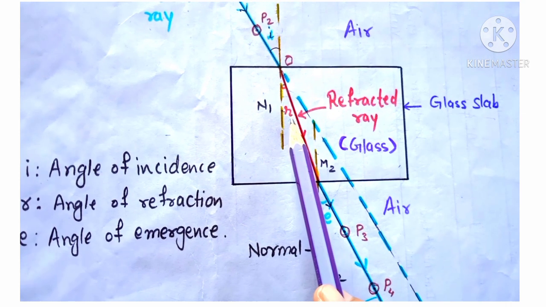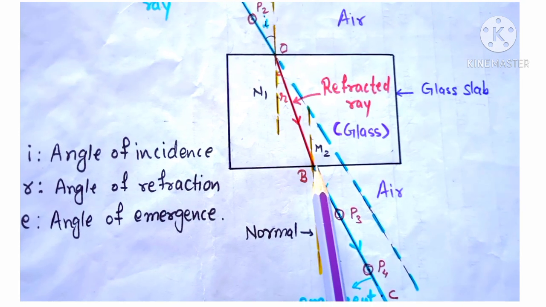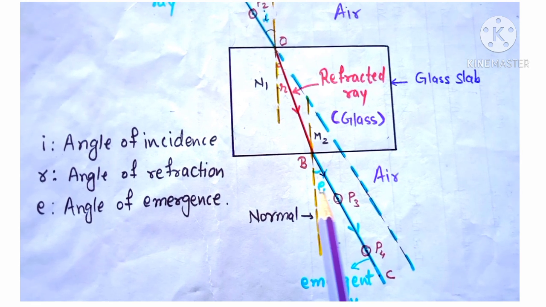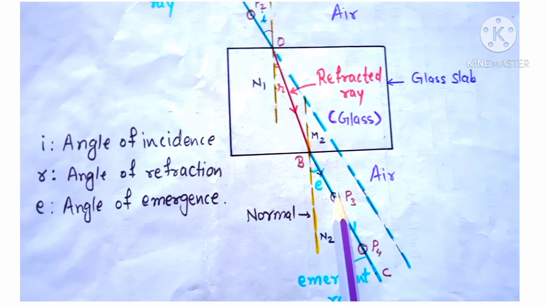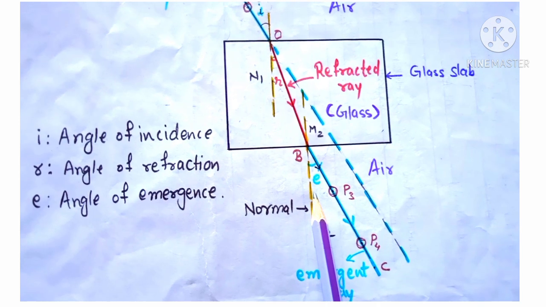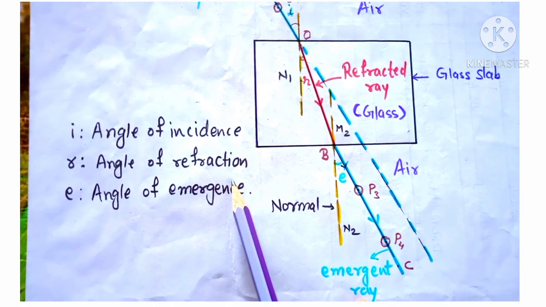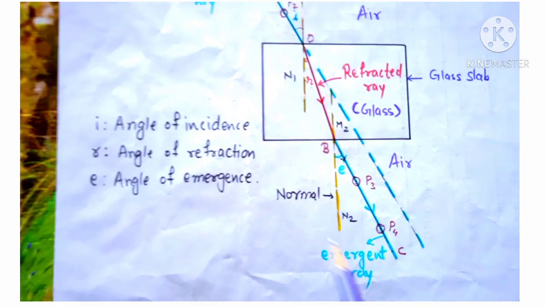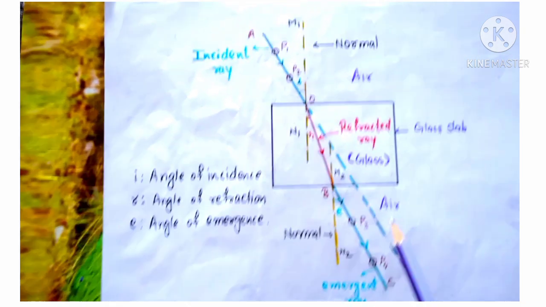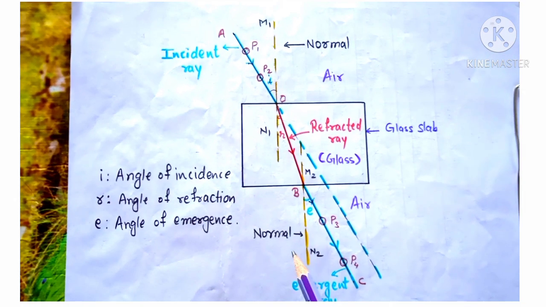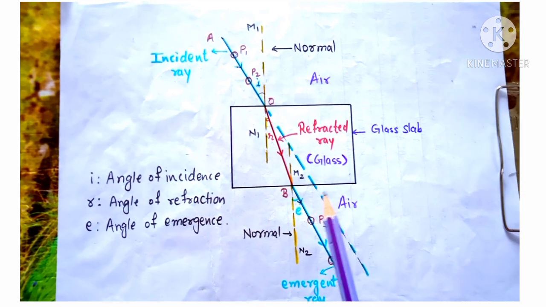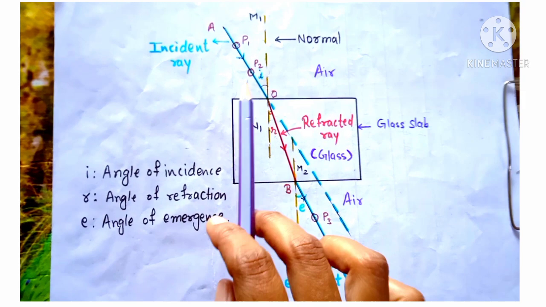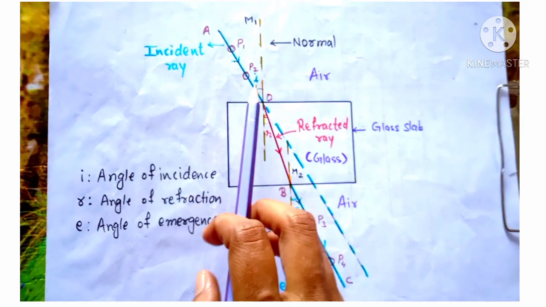Then the refracted ray gets emerged. This angle E is the angle between the emergent ray and the normal, the angle of emergence. So these are the three angles you have to write. In this way you have to write all the names of the rays of this diagram. Now let's see how the rays travel through the glass slab.